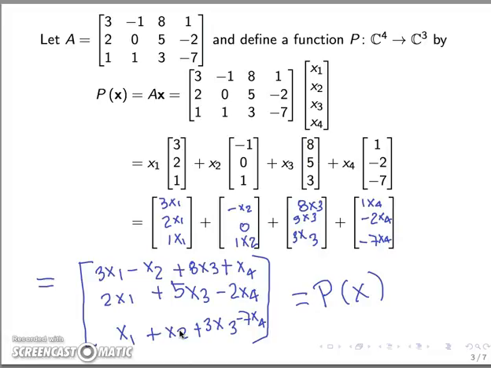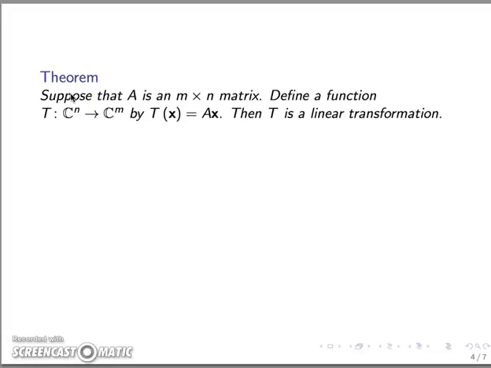This simply connects the form of this transformation to something we're extremely familiar with. This is exactly how we began learning about linear algebra, with expressions that look like this. The variables x1, x2, x3, and x4 appear in a linear fashion. And so this illustrates how, given a matrix, we can define a linear transformation.